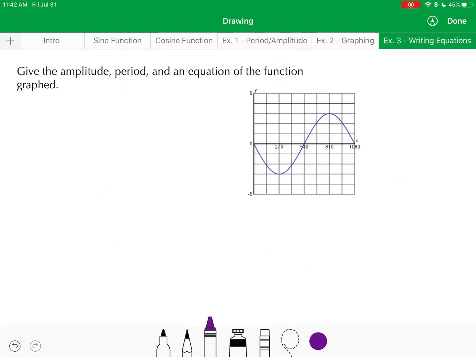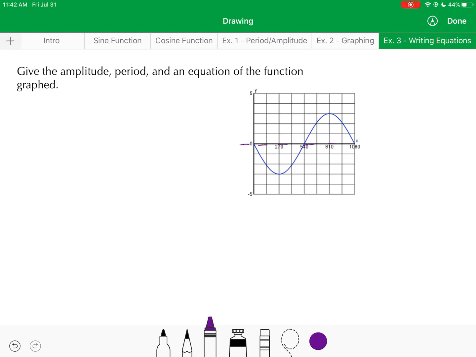Okay. All right, one final example. Here I am given the graph of an equation, and I want to find the amplitude and the period based off the graph, and then use those to build an equation of the function. Okay. So first thing you should do is identify where the midline is.